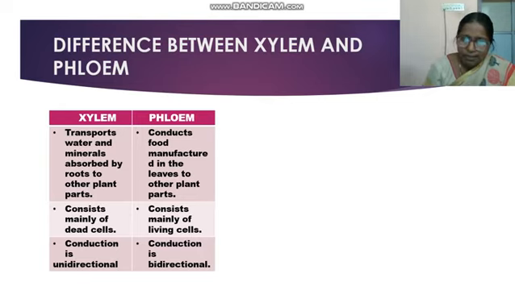Xylem consists mainly of dead cells, whereas phloem consists mainly of living cells. In xylem, the conduction is unidirectional, that is, only upward movement of water and minerals, whereas phloem conducts prepared food substances upward and downward, that is, to different parts of the plant.